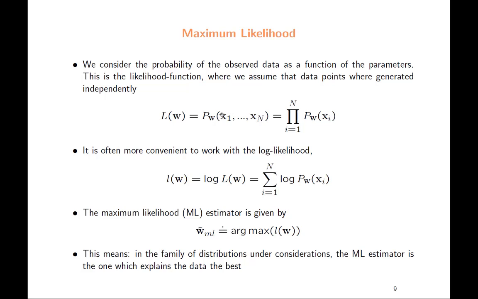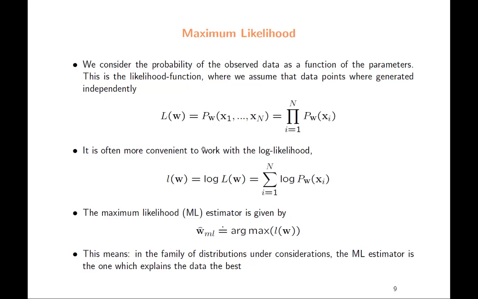Then you can turn this multivariate distribution of n vectors into the product of the probability distributions of each individual observation. So here you have this product from i equals 1 to n, and this is the probability of explaining this data point xi given the parameter values.